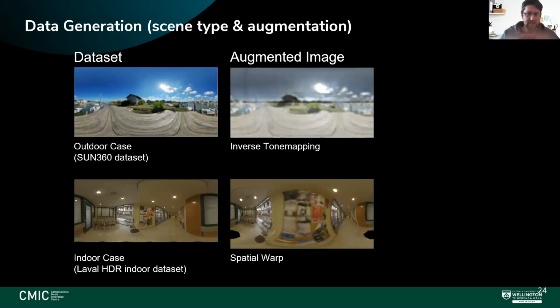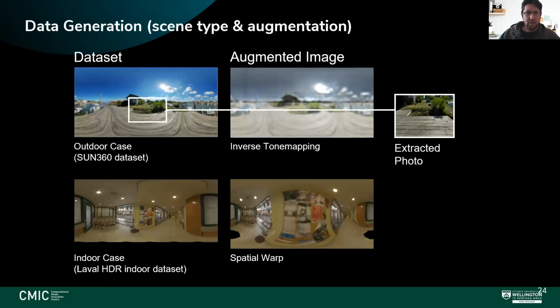If I stand in one position of my room and walk to the other side of my room, the light direction changes. Whereas if I do that outside, the sun is so far away that it's basically parallel, and you don't have to worry about that. Since we're compositing into different parts of this panorama, we need the lighting at those different positions. So for outdoor, we're going to extract a photograph.